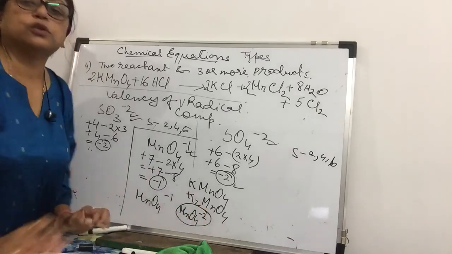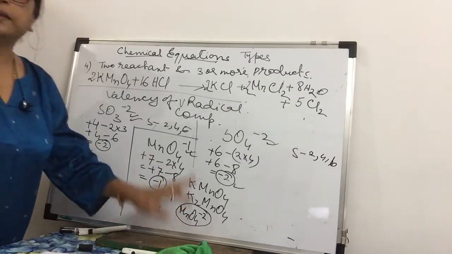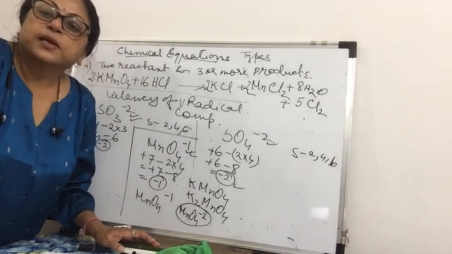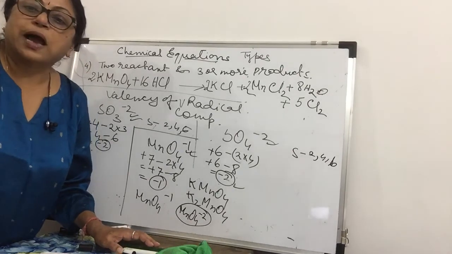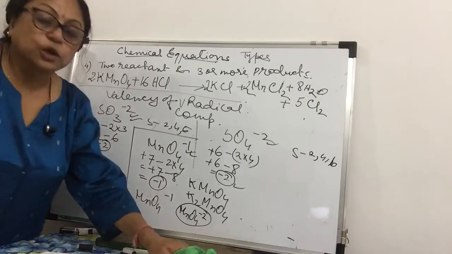Minus 2 is also correct. That is not wrong, but the explanation of the structure is beyond the scope of your syllabus till 10th standard, so I am not going beyond that. I have just shown you this much to help you understand.